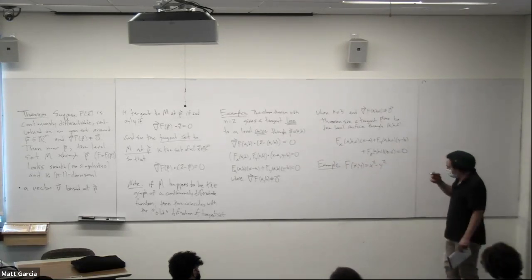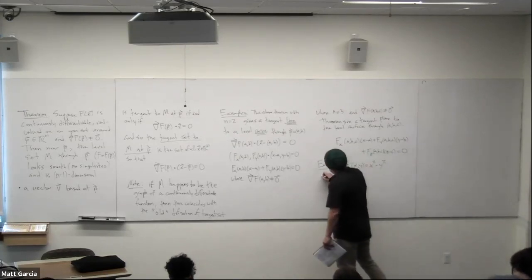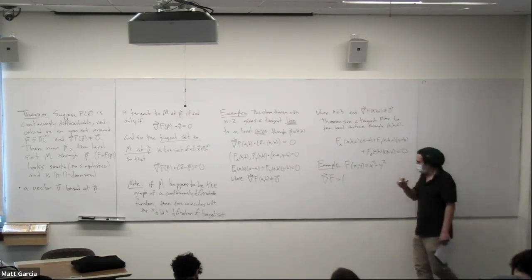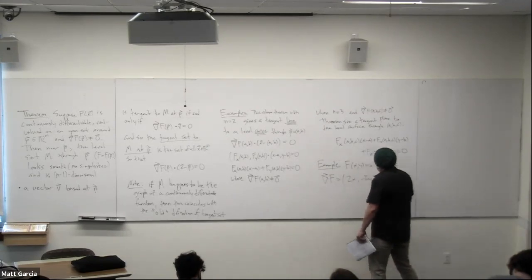Okay, so what's the gradient of f? 2x comma negative 2y. Good.